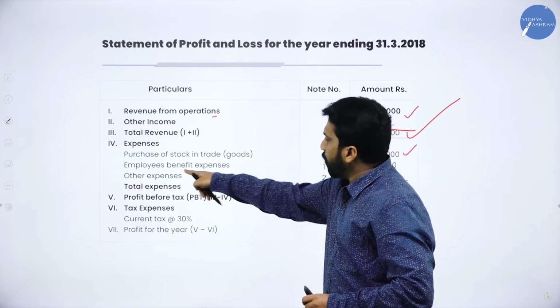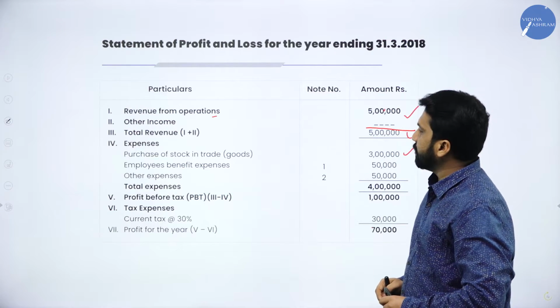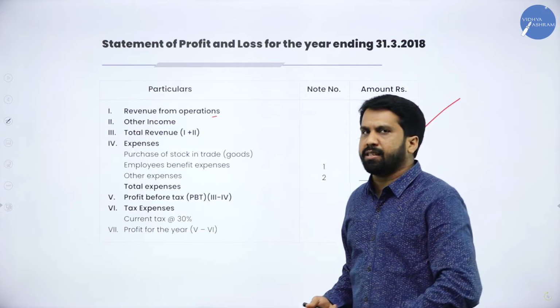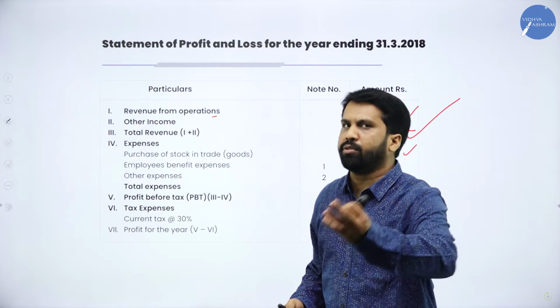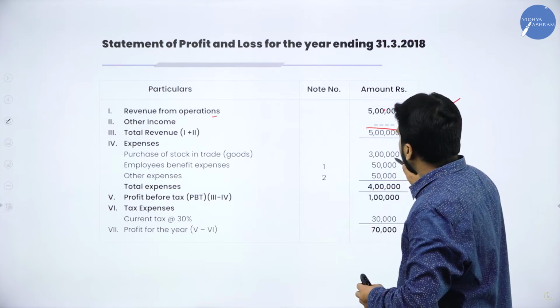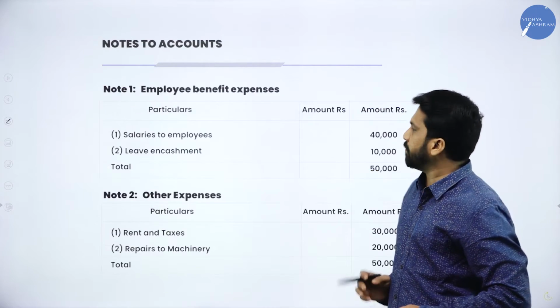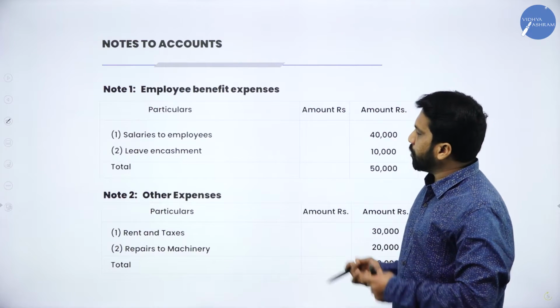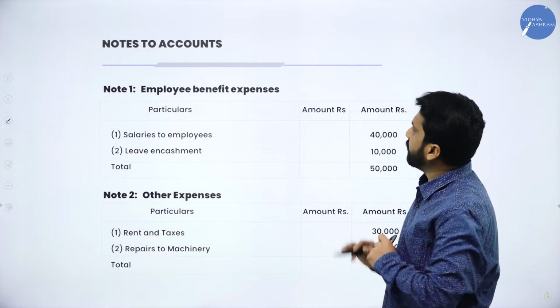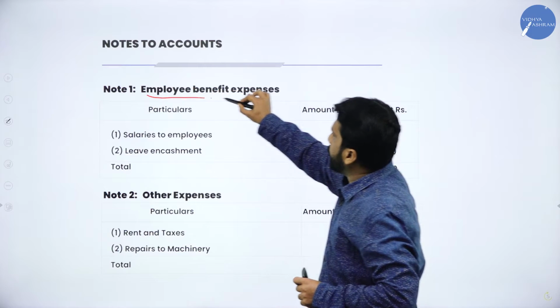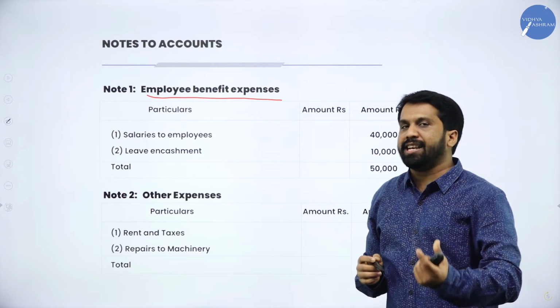Now, employee benefit expenses. There are so many expenses which relate to employees. How to calculate? How did we get this 50,000? Your presentation working note must be like this. See, employee benefit expenses. What are the expenses we have?